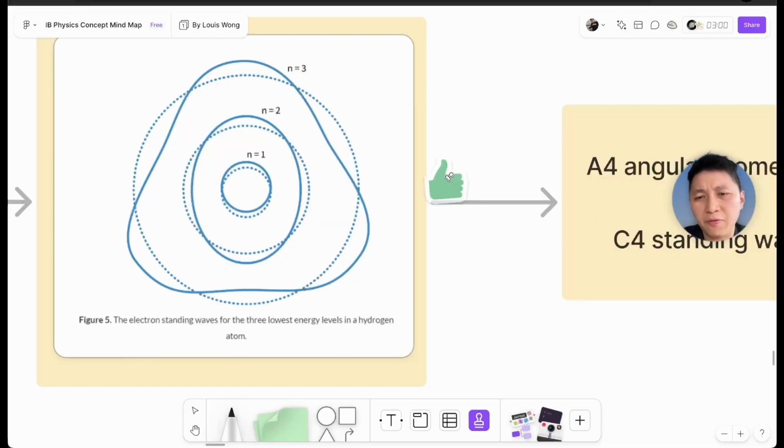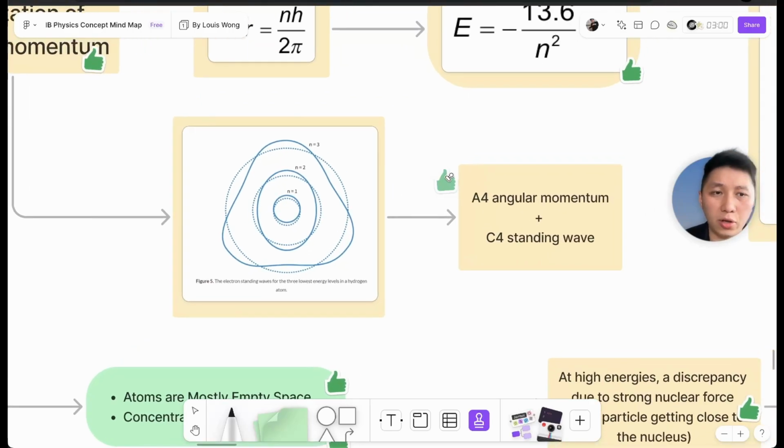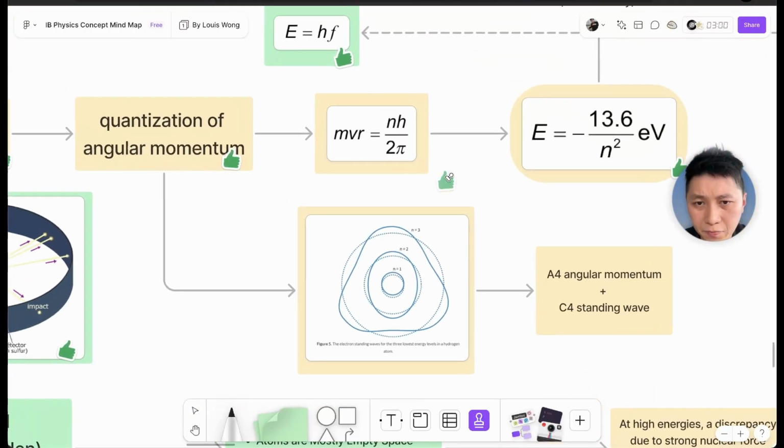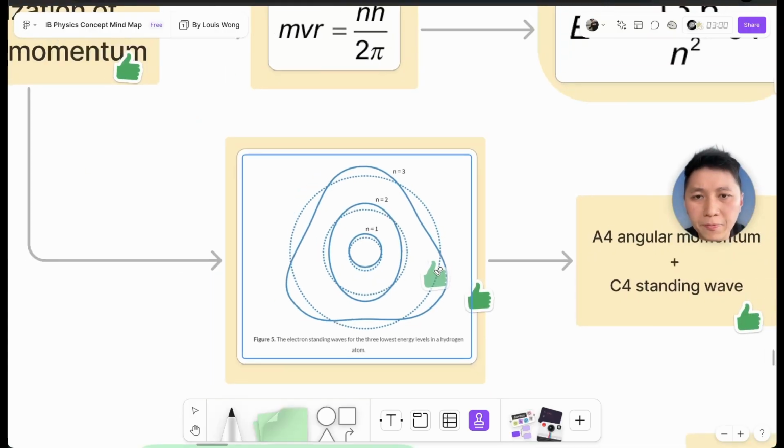But the idea of a standing wave in the orbit is actually quite essential, and I think that links closely to what you learn in angular momentum in A4 and also standing wave in C4. So I think you need to have an idea of this picture.